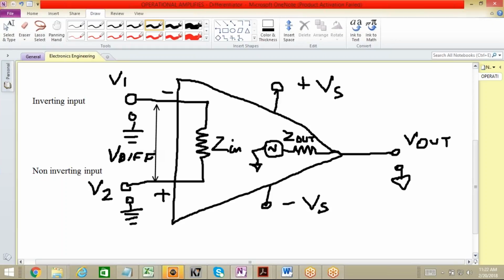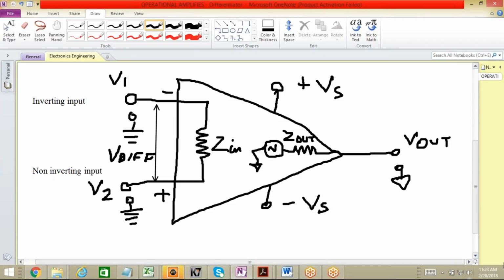So ideally, an op-amp amplifies only the difference in the voltage between these two terminals. These are also called the differential input voltage. And the output voltage will be the amplifier open loop gain times the difference of V2 and V1.